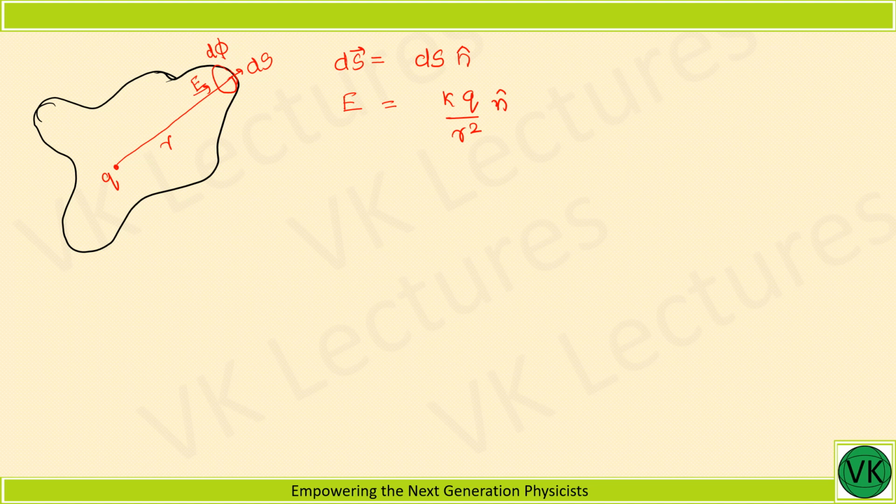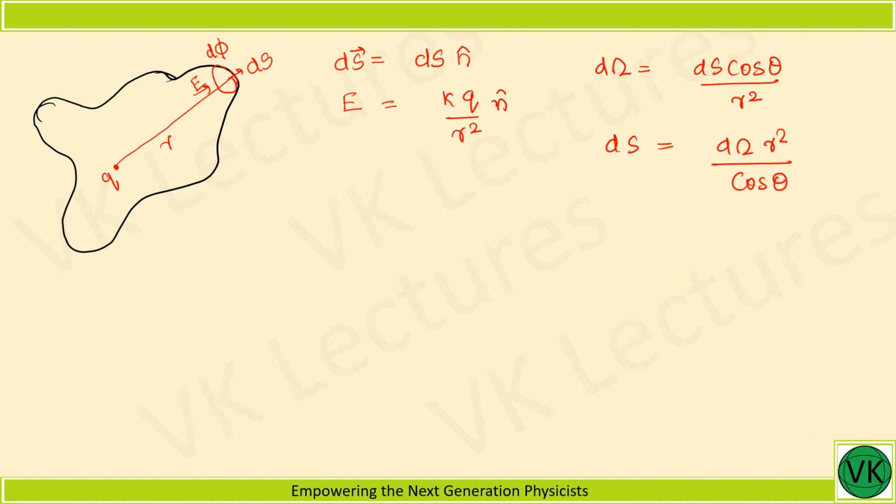Now what is d omega? d omega is nothing but ds cos theta by r squared, or ds can be written as d omega times r square divided by cos theta.